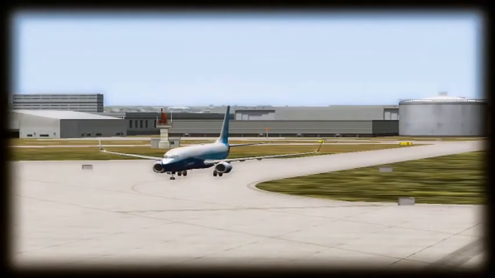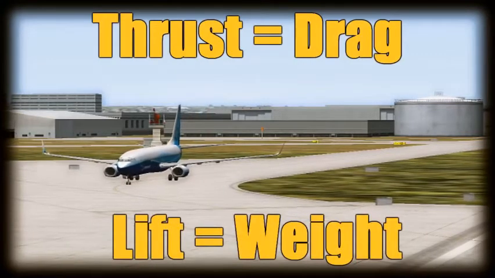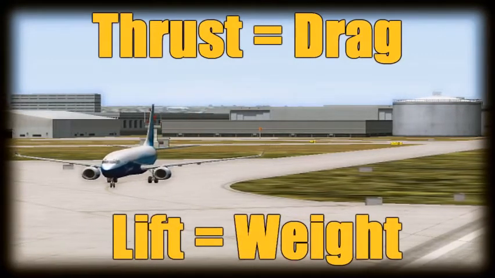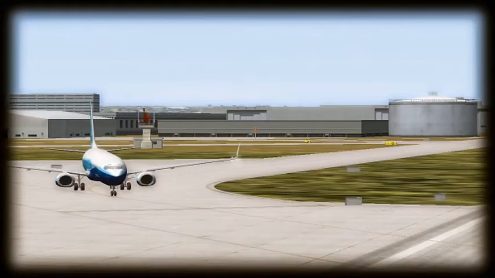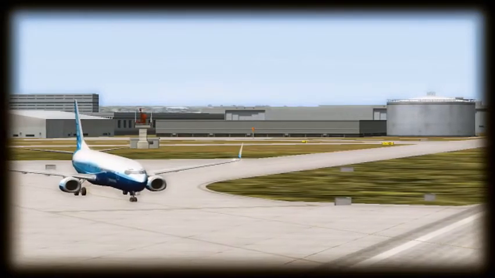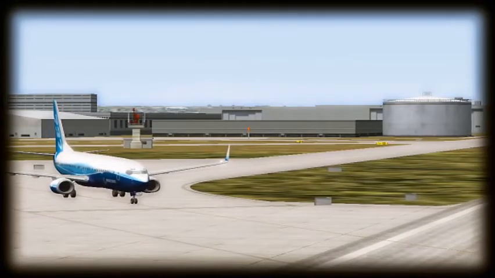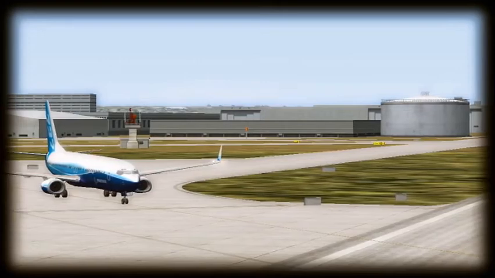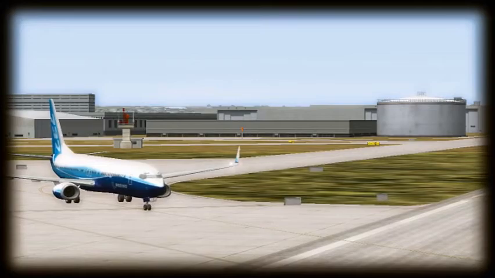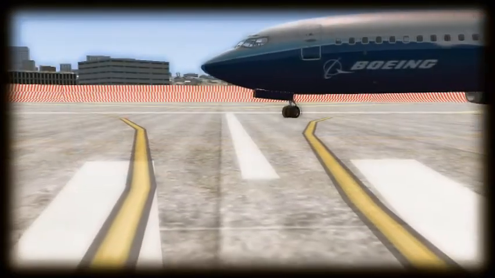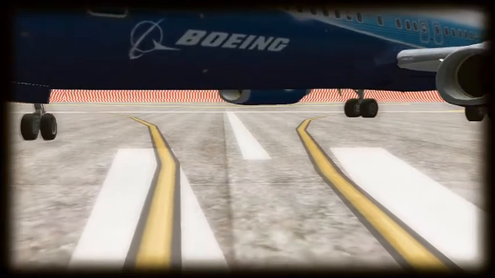Now let us see how these forces play out when an aircraft takes off. Right now, thrust equals drag and lift equals weight. On the runway, the lift generated by the wings is less than the weight of the aircraft.